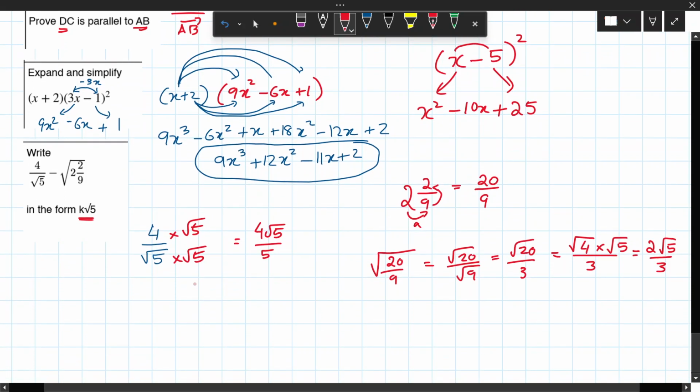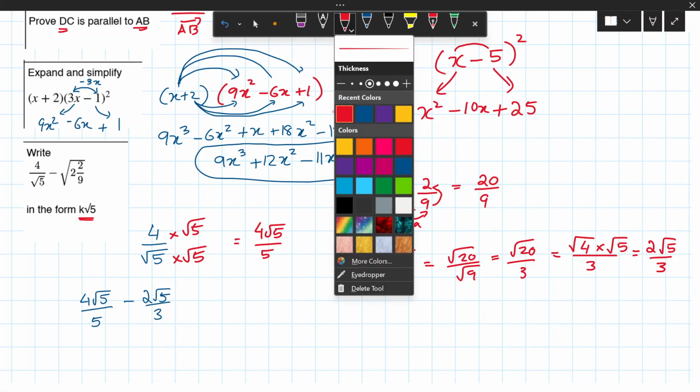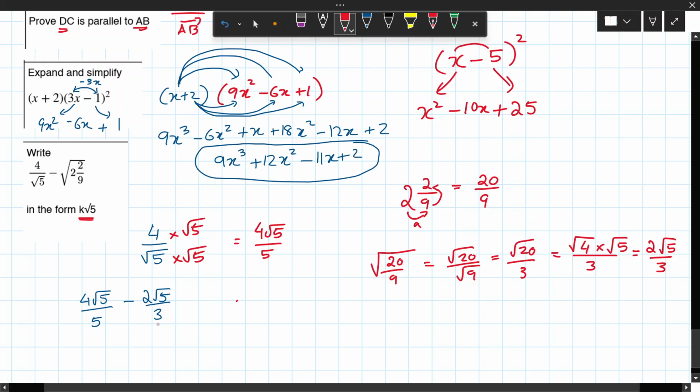So now if I rephrase my question, what I am really doing is 4 root 5 over 5, take away 2 root 5 over 3. If I want to subtract two fractions, the easiest method is to take the denominator on the left and multiply it on the right, and take the denominator on the right and multiply it on the other side.